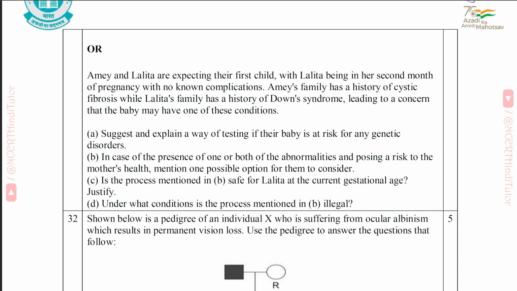Or, Ame and Lalita are expecting their first child. With Lalita being in her 2nd month of pregnancy with no known complications, Ame's family has a history of cystic fibrosis while Lalita's family has a history of Down syndrome, leading to a concern that the baby may have one of these conditions. A. Suggest and explain a way of testing if their baby is at risk for any genetic disorders.